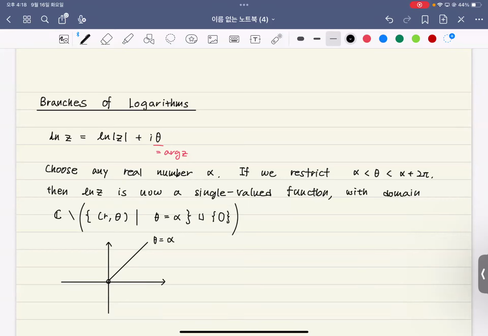If I choose the argument theta to be somewhere between alpha and alpha plus 2 pi, and restrict my domain to the complex plane other than this line, then definitely I can define a single-valued log function. Okay.